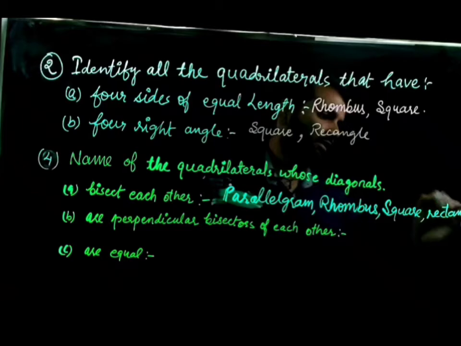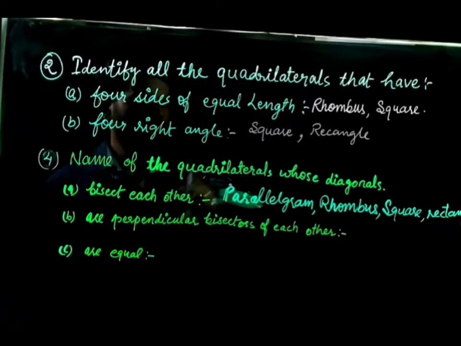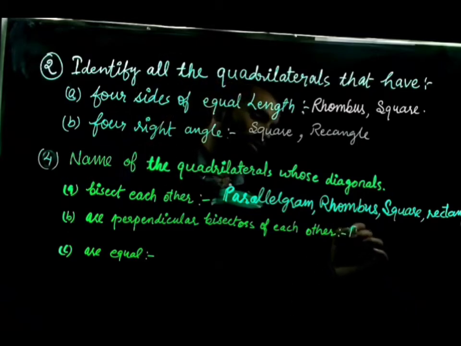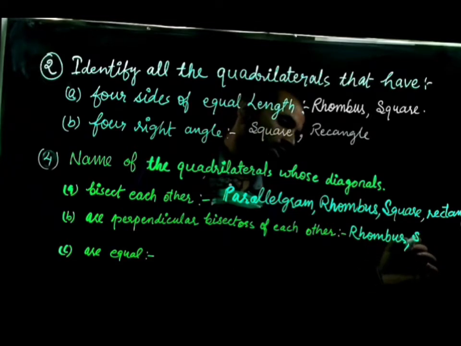Next, name the quadrilaterals where the diagonals are perpendicular bisectors of each other: first a rhombus and square.